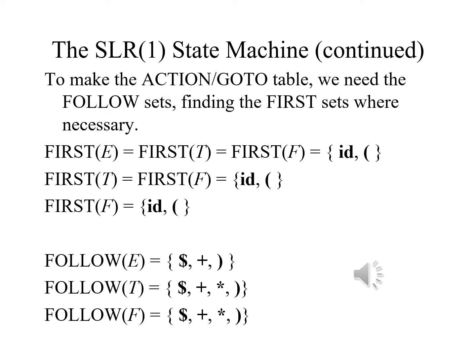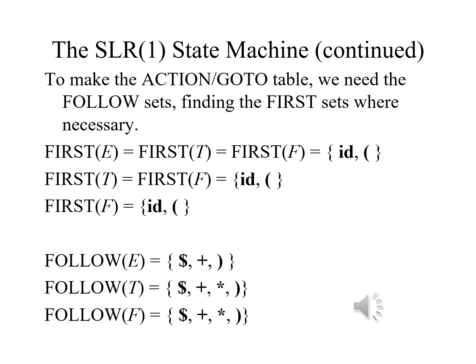From expression derives term, we see that the first set of expression contains the first set of term, which is identifier and open parenthesis. We have omitted the left recursive productions because in this case they don't add anything useful as we try to find the first sets.